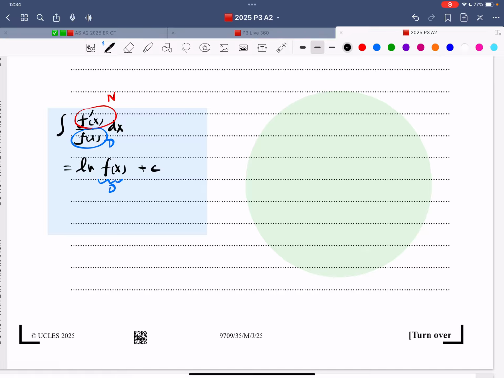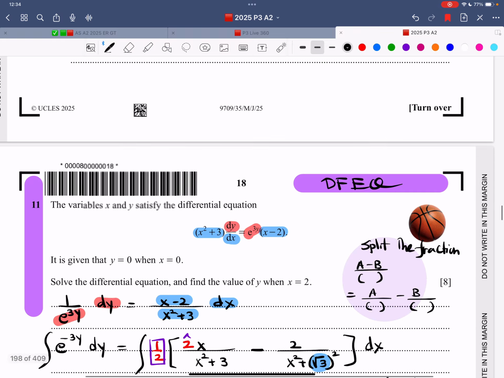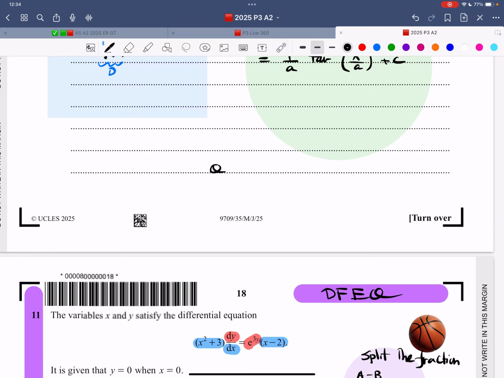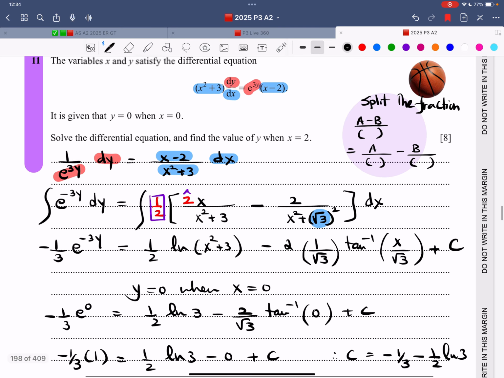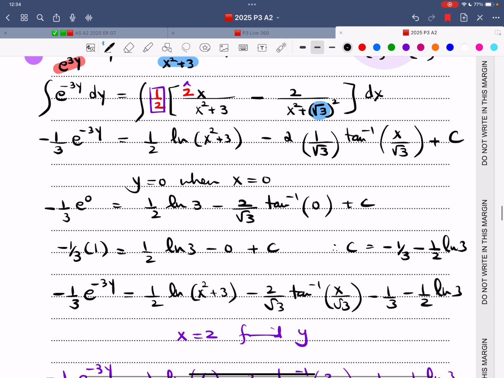The next thing is the integral of 1 over x squared plus a squared dx. This is 1 over a tan inverse x over a plus c. So these are very important techniques that you need for this particular question, which is question 11. That is the reason why this adjustment is done. So think before you proceed.